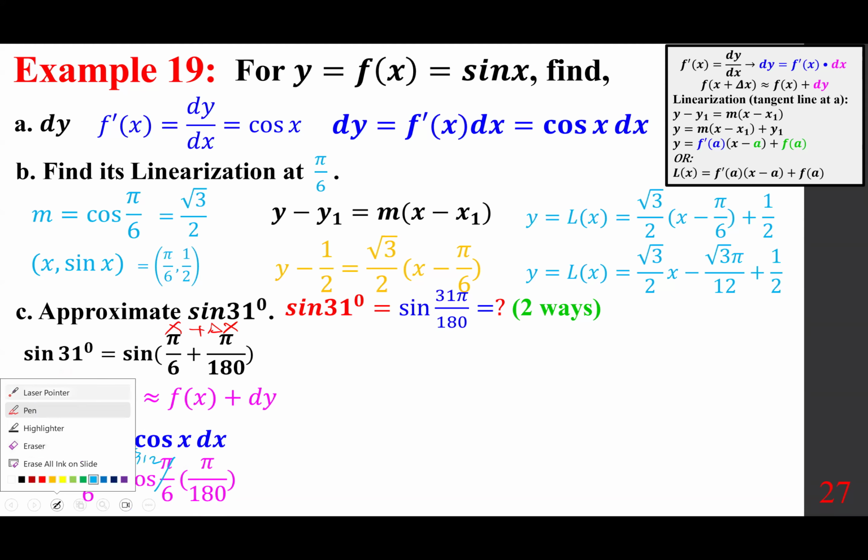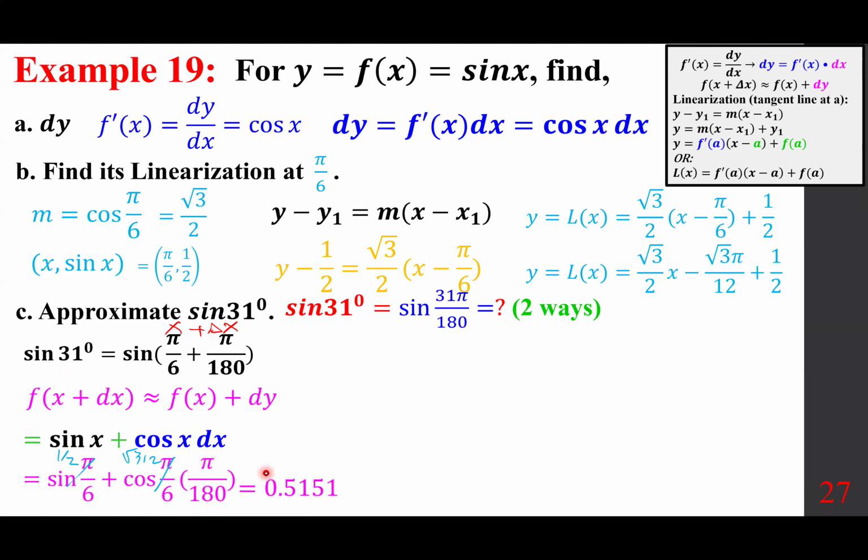So at this point, you put it into a calculator with a bunch of decimals, and it results in 0.5151. So that's pretty straightforward, everybody.